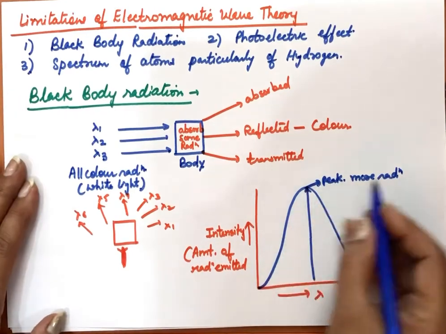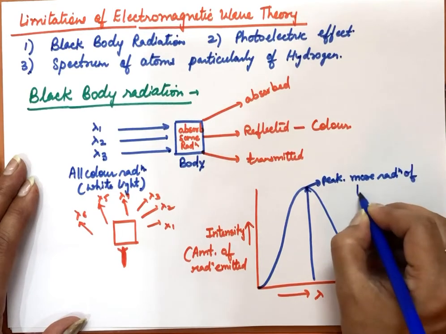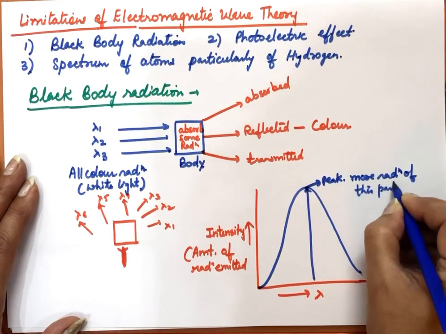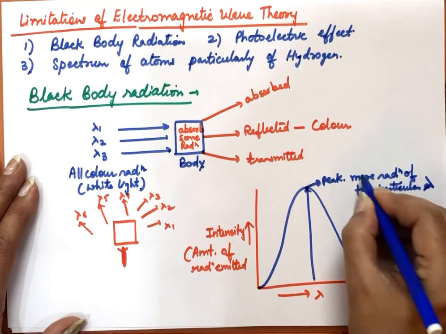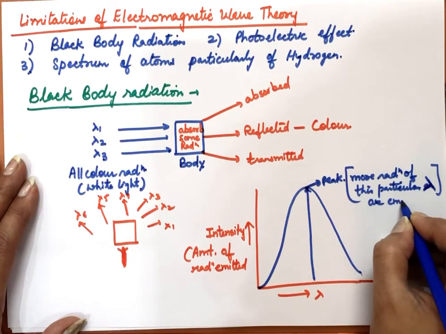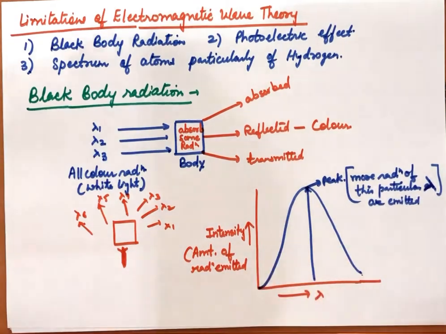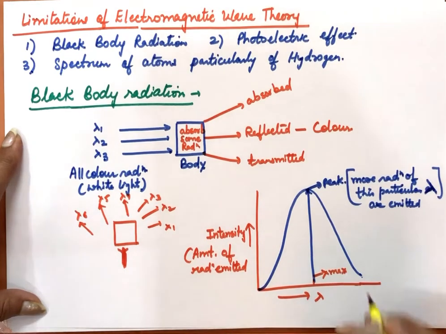So maximum radiations emitted are of this particular wavelength. And this we designate as lambda maximum, because we are getting the maximum of these radiations at this wavelength.